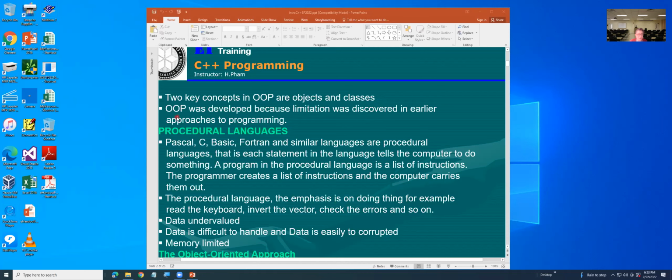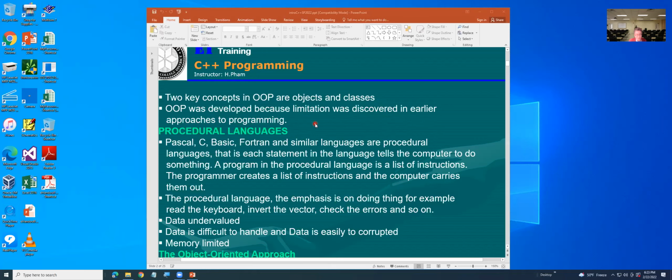The reason you get C++ is that OOP addresses developmental limitations in earlier approaches to programming. In the past, you had BASIC, Pascal, Fortran, COBOL.